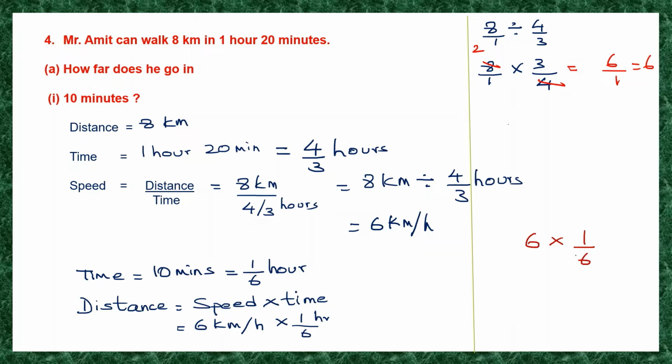I can cancel 6 and 6. So what do I have left? Just 1. That means the distance is 1 kilometer. So what is the question? How far does he go in 10 minutes? He goes 1 kilometer in 10 minutes. So this is the first part of the question.